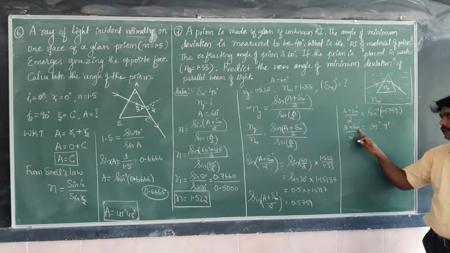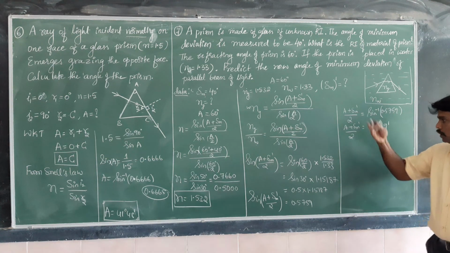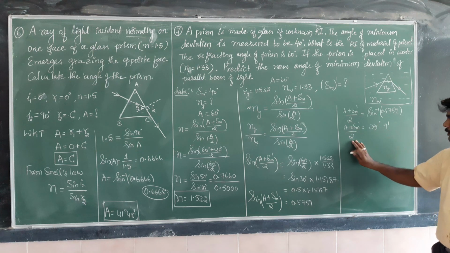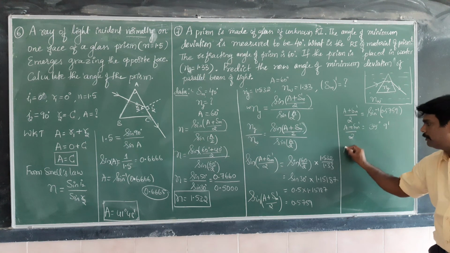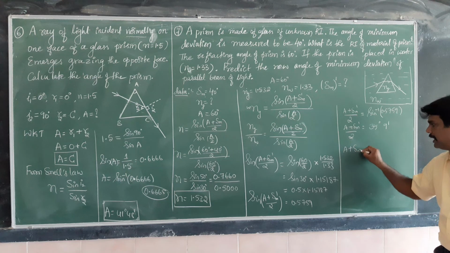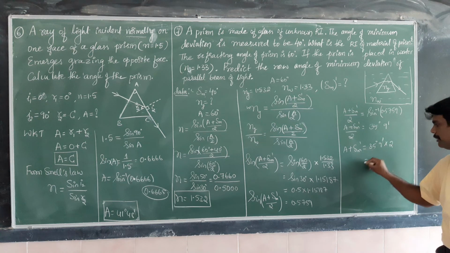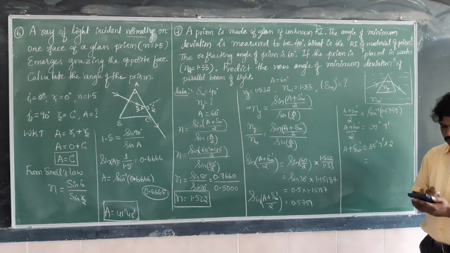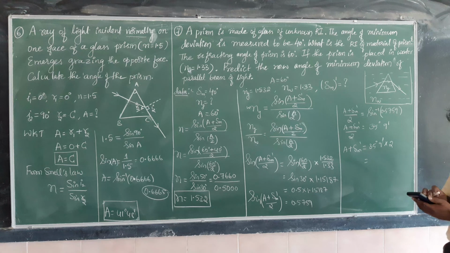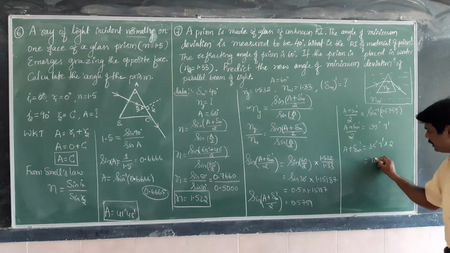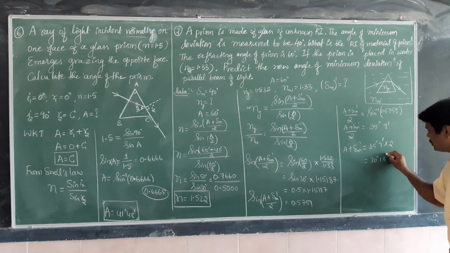But we have to calculate the new minimum deviation. So transfer these terms here. Multiplying by 2, A plus delta m dash is equal to 35 degrees 9 minutes into 2. If I multiply by 2, we are getting 70 degrees 18 minutes.